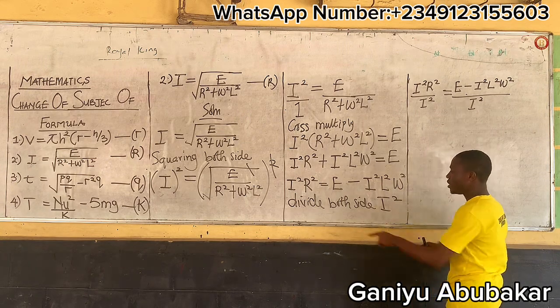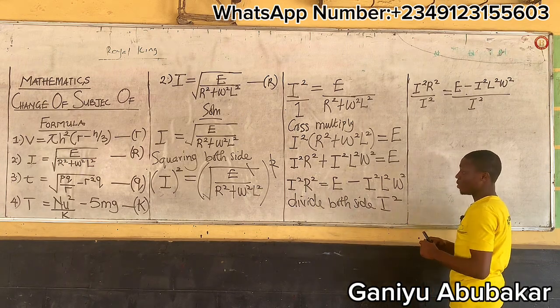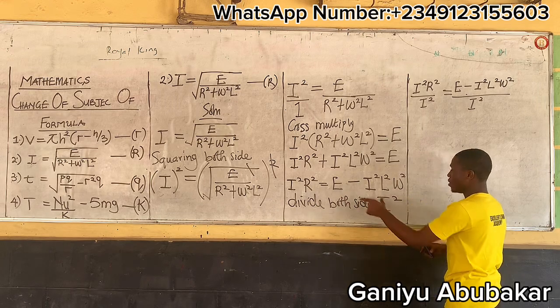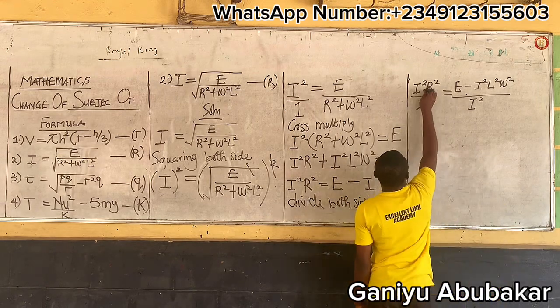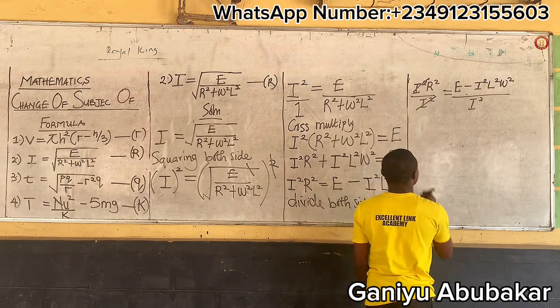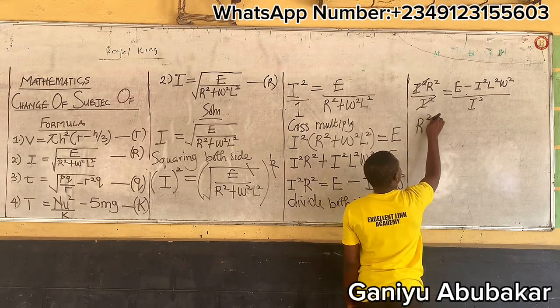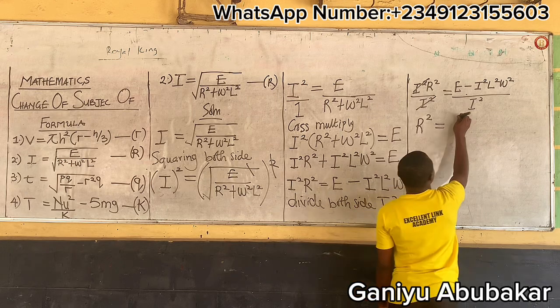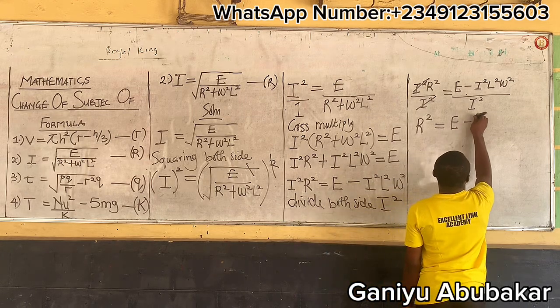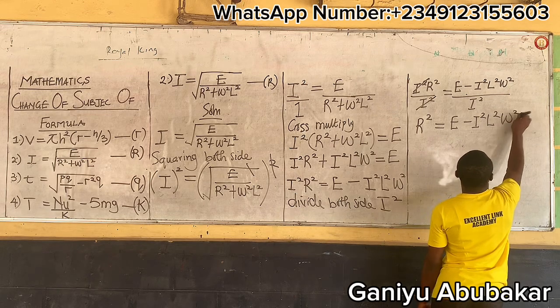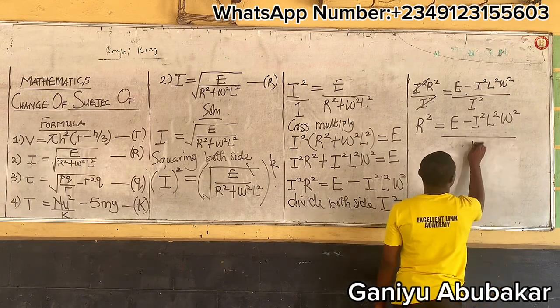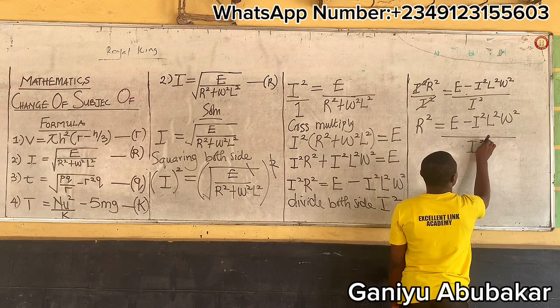As we said, divide both sides by I squared. So I have this. What do you observe? This should cancel this. So in essence, my R squared now is equal to E minus I squared L squared W squared all over I squared.